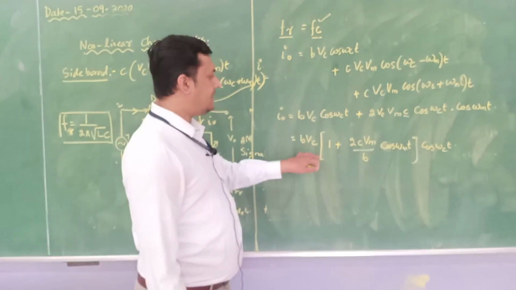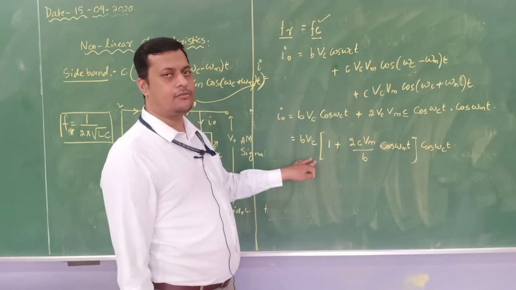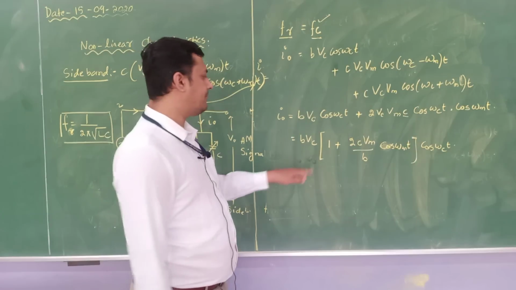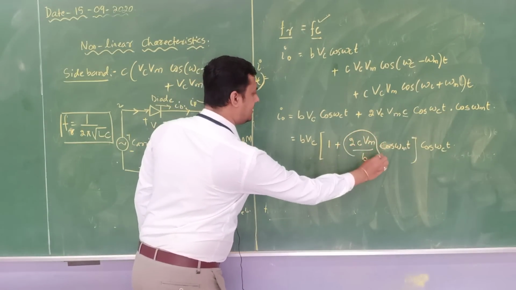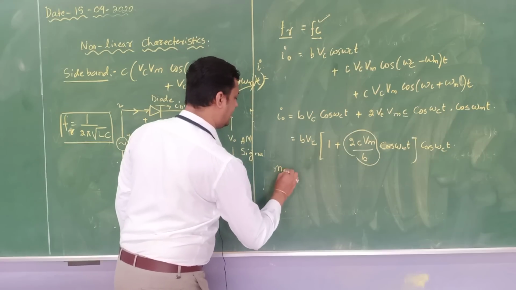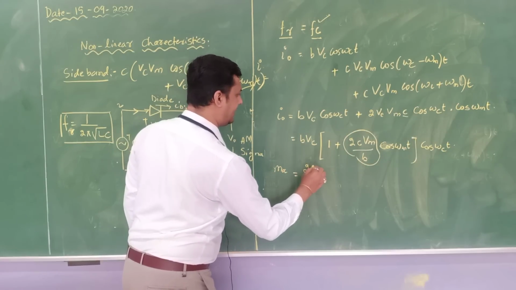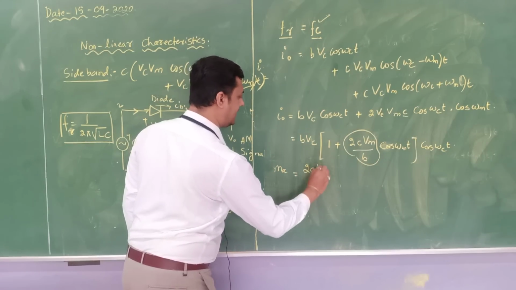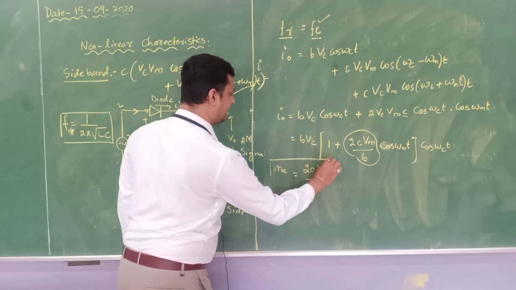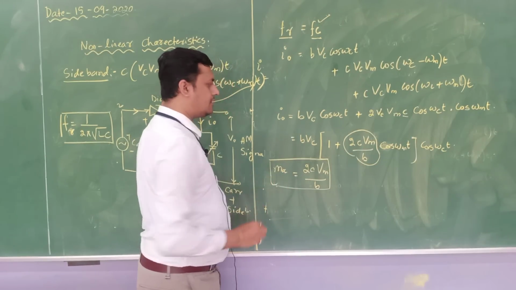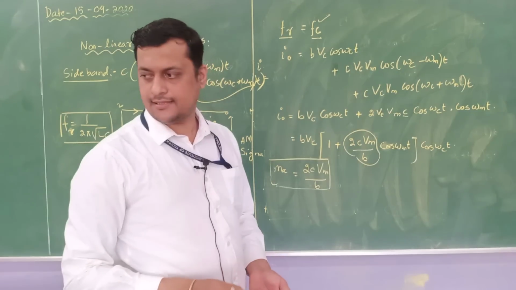Done? So this equation is quite similar to our AM equation. Here you can consider this as your modulation index. Modulation index is equal to twice of small c Vm divided by small v. So this is your modulation index.